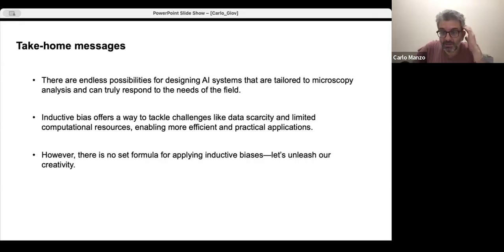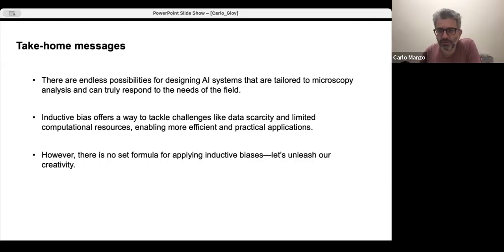And the thing is that there is no formula, no protocol to apply for doing that. So basically you need to apply your creativity and figure out the best way based on previous knowledge and the understanding of the problem.